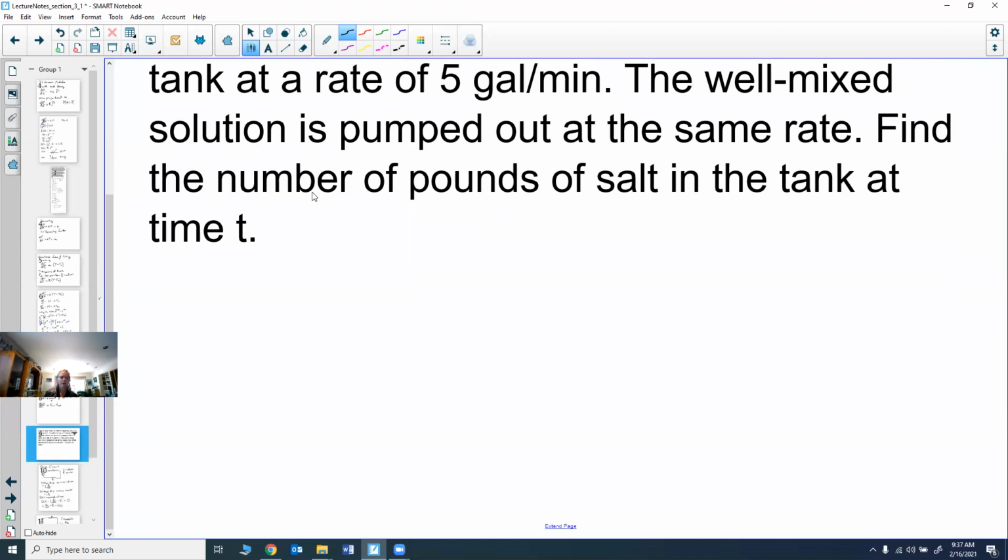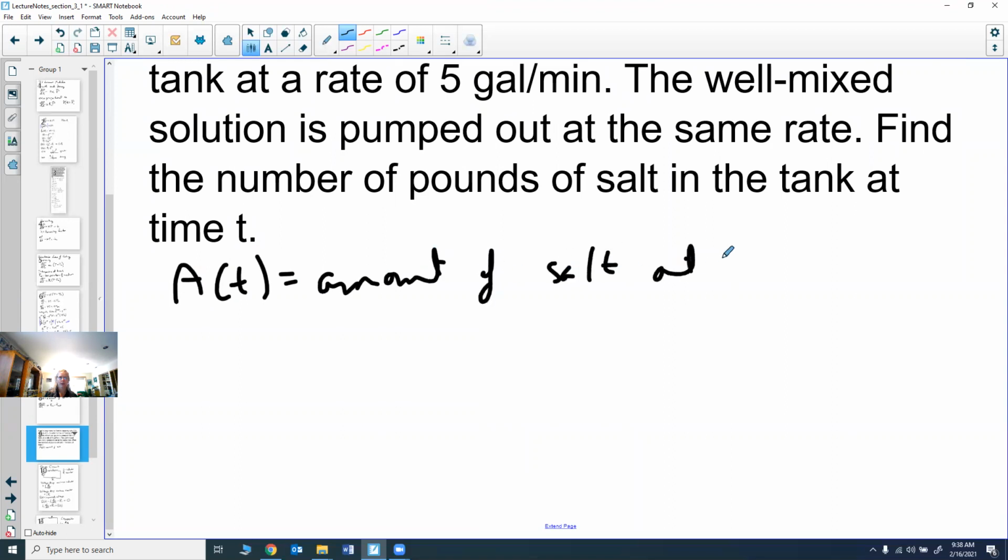So first off, we are looking for the amount of salt at time t. So A of t is the amount of salt at time t. And again, you can call this anything you want as long as you define it like this. Make sure you tell people what it is you're dealing with. Okay. We need to figure out what is my rate in.